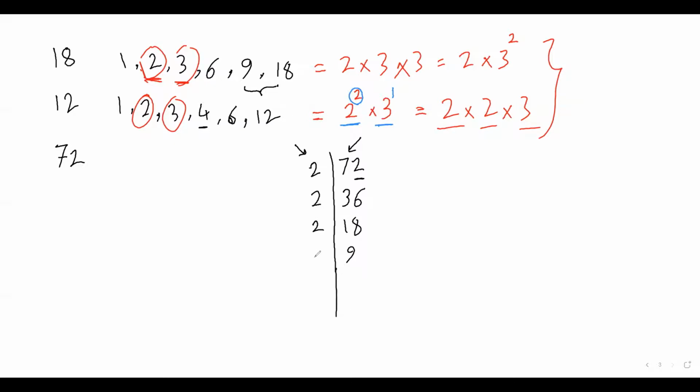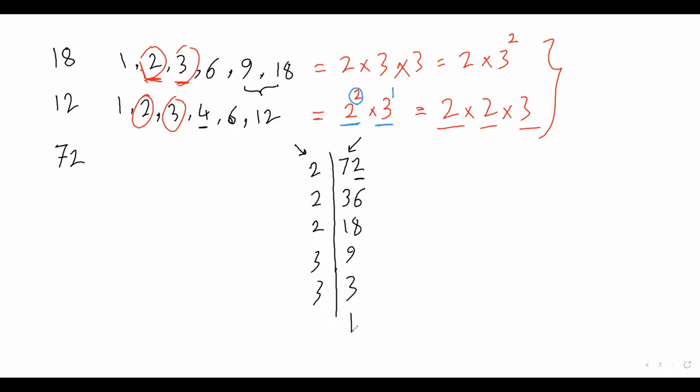I have to choose the next prime number that comes after 2. In this case, it's 3. Now, if it was not divisible by 3, you should move to the next one, which is 5, right? But it is divisible, so I'm going to stick to 3. Sorry about the mess. So if I do that, I get a 3. You divide it by 3 one more time, you get a 1, right?